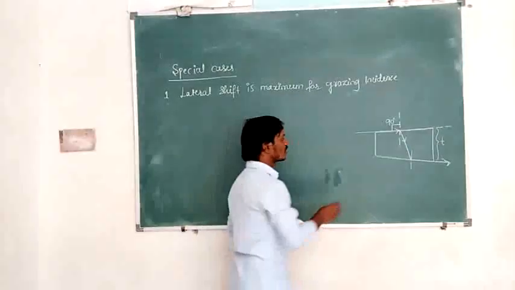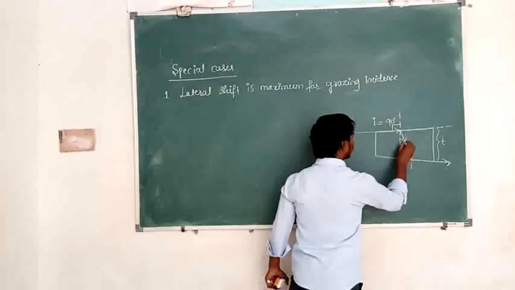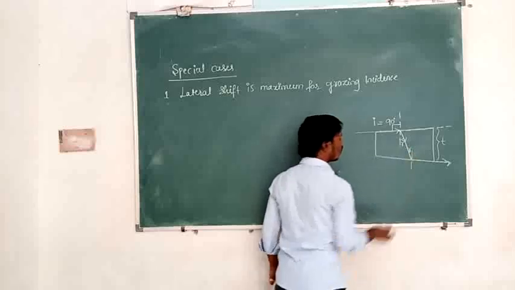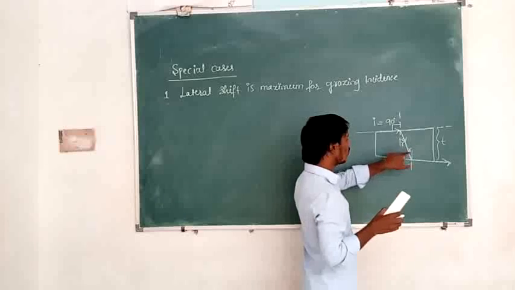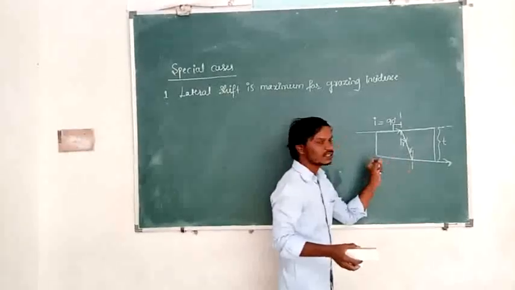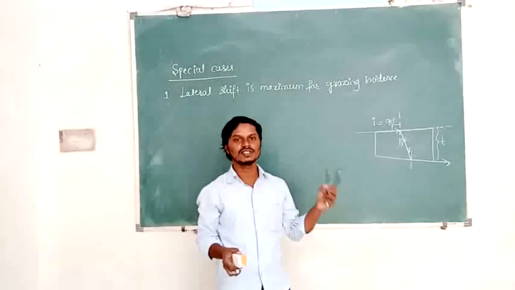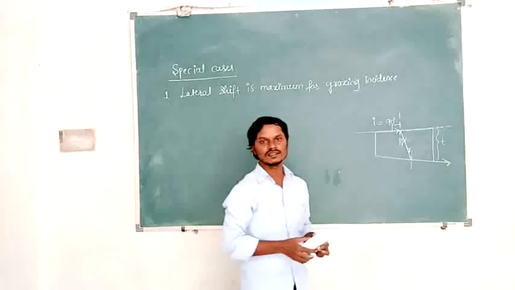What is the angle of incidence here? 90 degrees. And what is the angle of refraction? That is r, but this angle of refraction is the angle of incidence for the second surface, and this angle of incidence is equal to the critical angle. We will study about this critical angle in the next topic, total internal reflection.